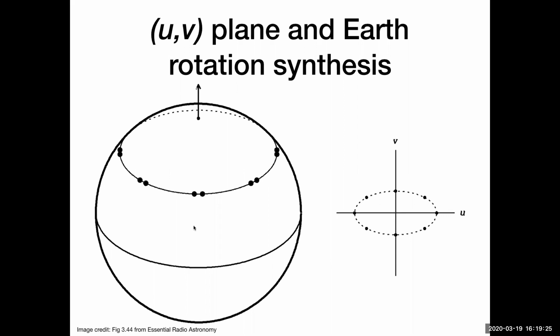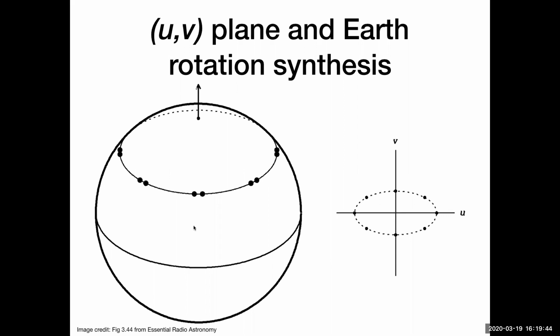And so if you have a purely east-west array, a purely east-west array is good because it gives you the most change in your orientation as the Earth rotates, but it has the disadvantage that you can imagine a source at declination 0.